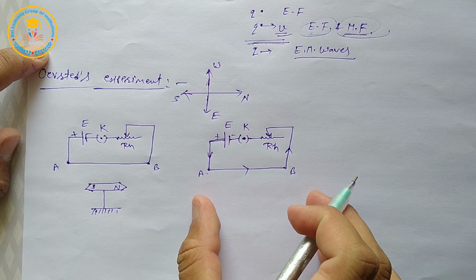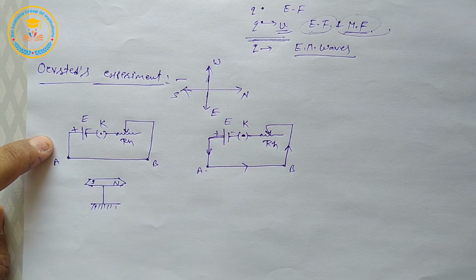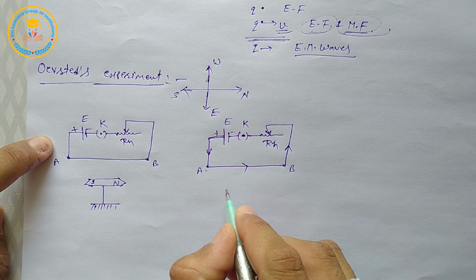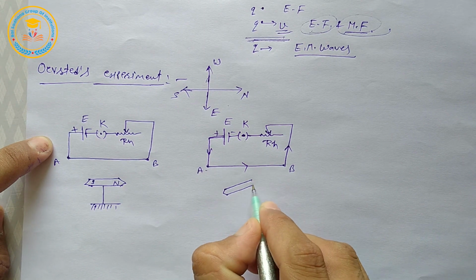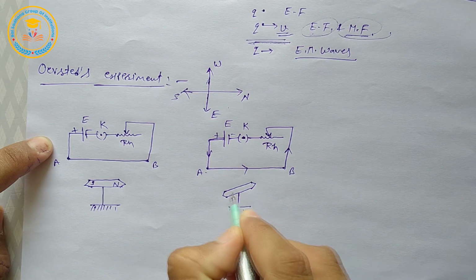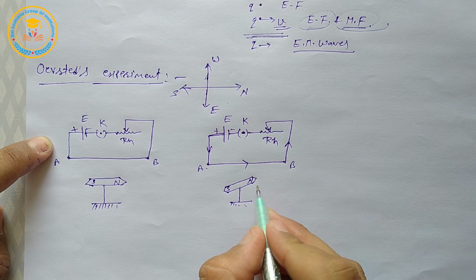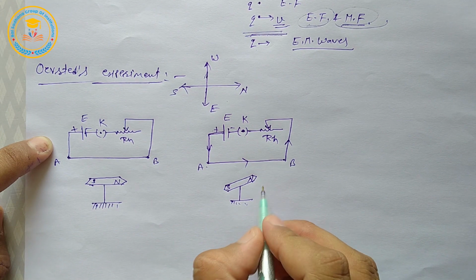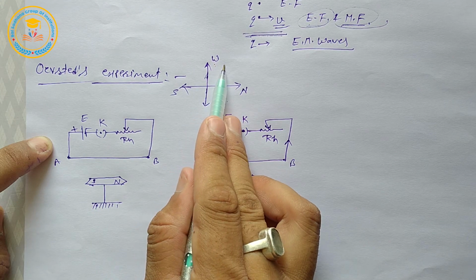Then in this situation the magnetic needle deflects. It means the north pole of this magnetic needle is deflected in the west direction.